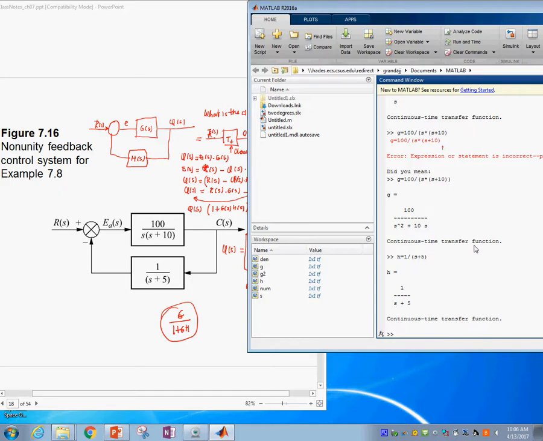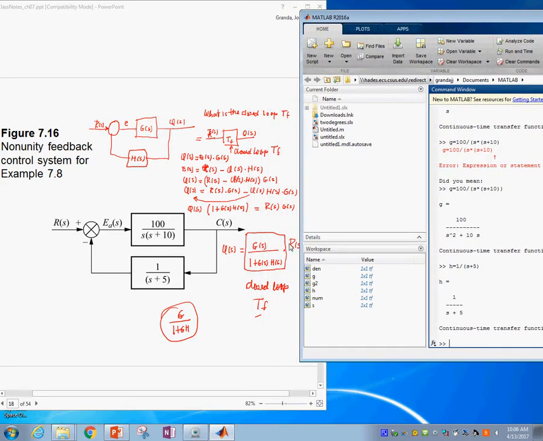Here now comes the application of what we just learned about the closed loop transfer function based on this explanation. So the closed loop transfer function now, I think I'm going to call it closed loop G. It's going to be equal to what?